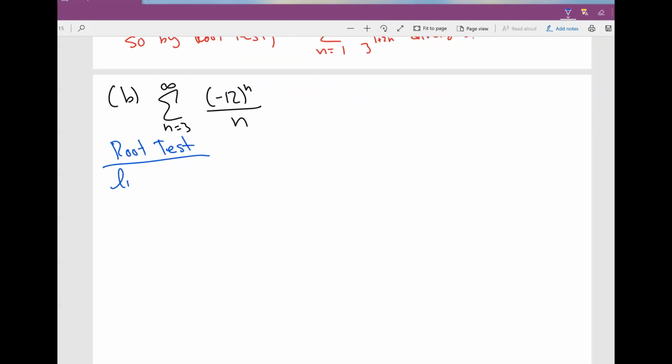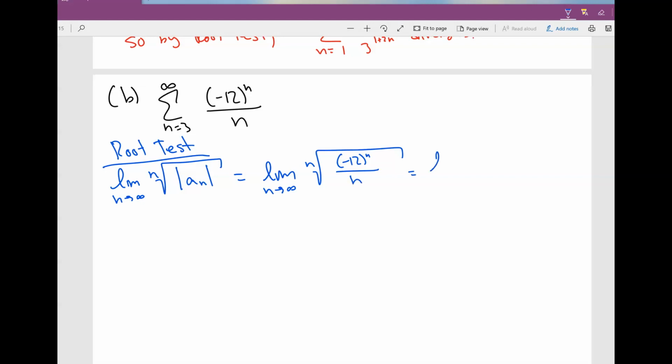So we're going to have the limit as n goes to infinity of the nth root of the absolute value of a sub n. So you're going to have the limit as n goes to infinity of the nth root of negative 12 to the nth power divided by n. Okay, so you can take the absolute value. So now you can write the nth root as the power of 1 over n.